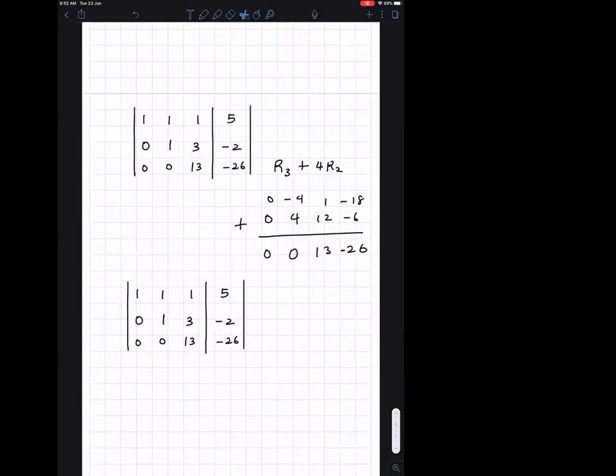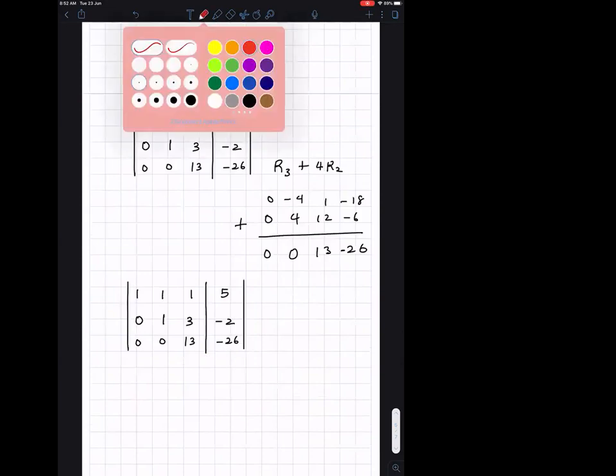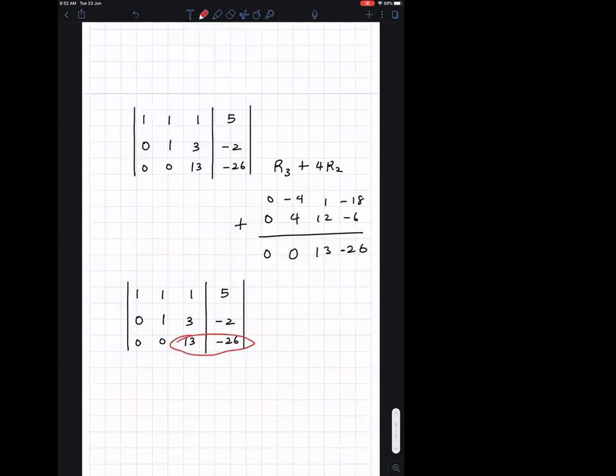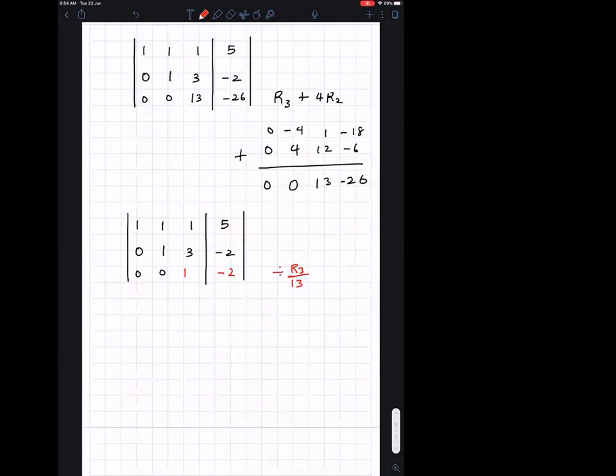Personally, I don't like to deal with very large numbers like this one. They're big numbers. So I'm going to divide these numbers by 13. So row 3 divided by 13. Once I have them as small numbers, it's easier to make things go to 0.